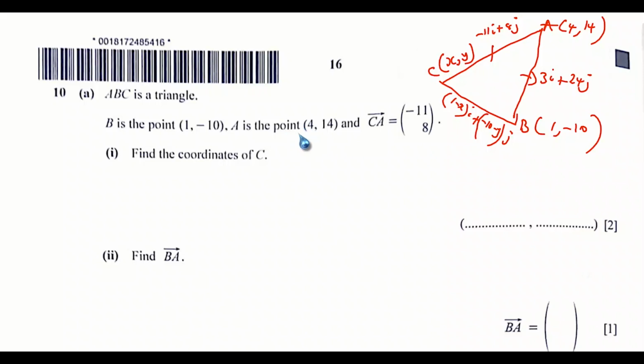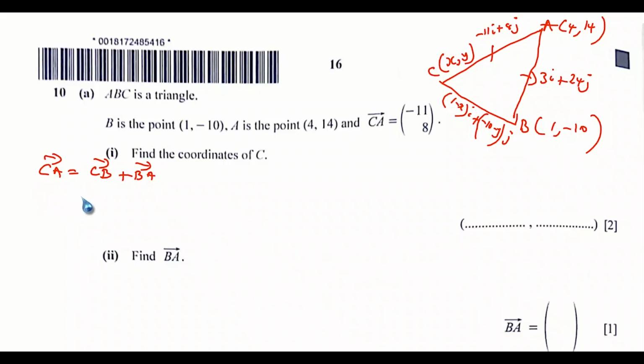So in this context now, we can say that CA is equal to CB plus BA, with the arrows on top.